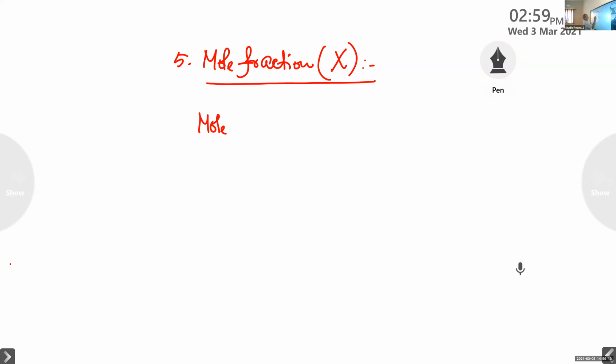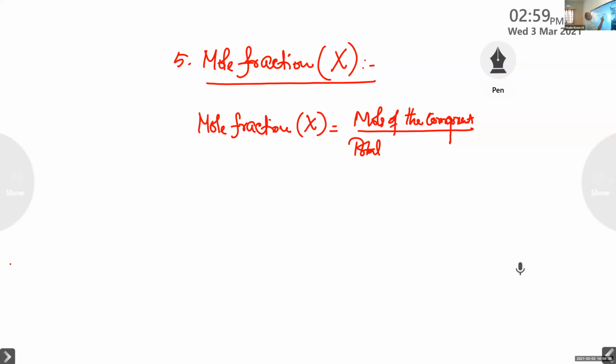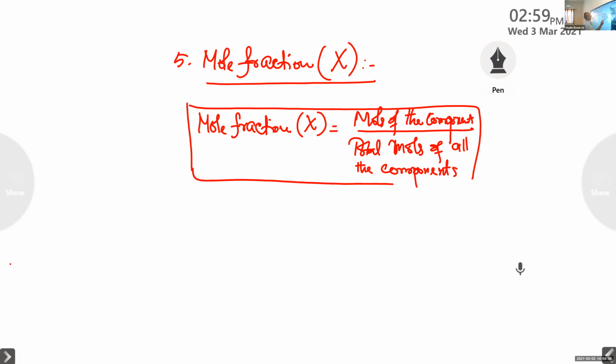Mole fraction X is equal to the number of moles of the component by the total number of moles of all the components. That is the relation used.